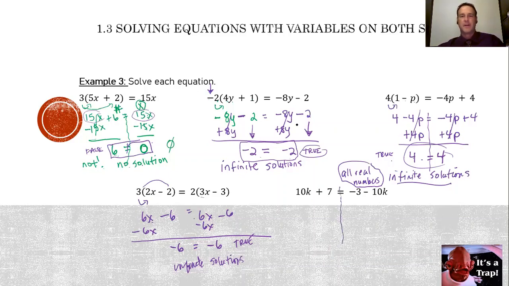Okay, again, you notice that these all look like they have something in common. Let's get all the k's, in this case, over here, and all the plain numbers on the right side. Okay, now you'll notice I have a subtract 10k. So if I don't want the k's here, I'm going to write the opposite operation, which is to add 10k.